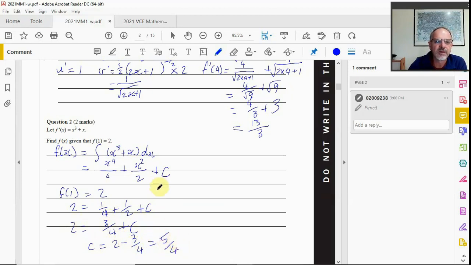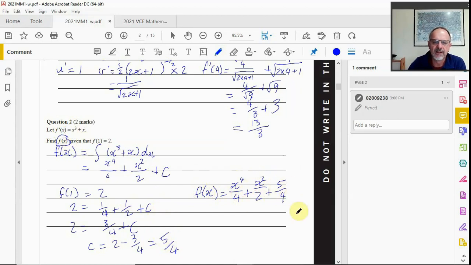All right. Now, just a technical thing here: if you leave that there, you're not going to get all the marks because the question asks us to find f(x). While we've got all the stuff there, we actually need to write it down and make it completely clear: f(x) equals x to the 4 on 4 plus x squared on 2 plus 5 on 4.